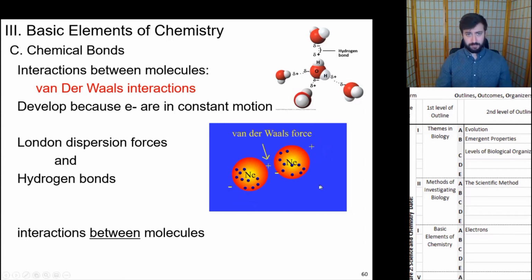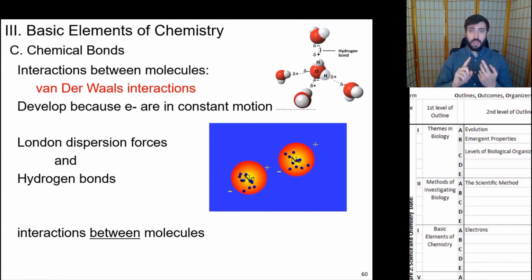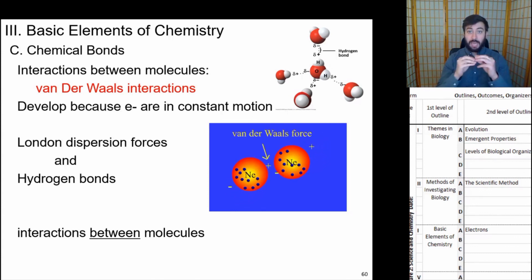But to summarize, you have covalent bonds that are polar and nonpolar. You have ionic bonds, and both covalent and ionic are between atoms. And then you have van der Waals, which includes hydrogen bonds, that are between molecules because of how the electrons are distributed.